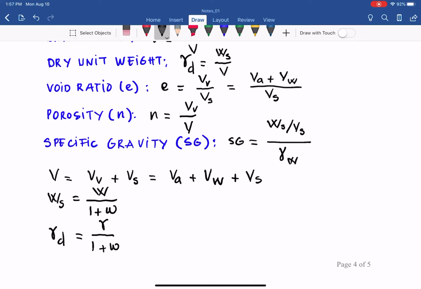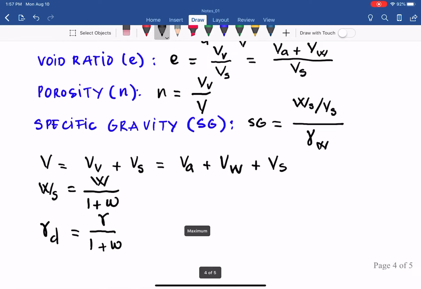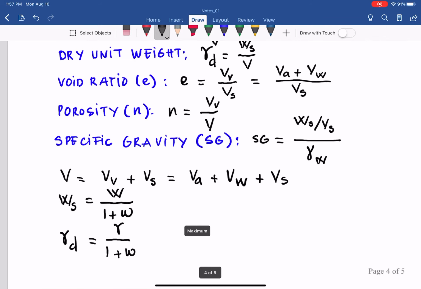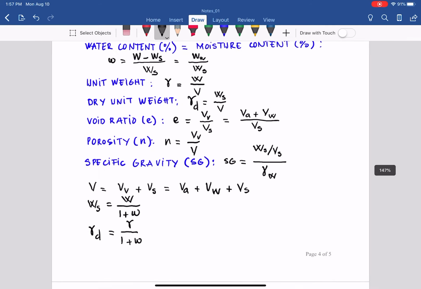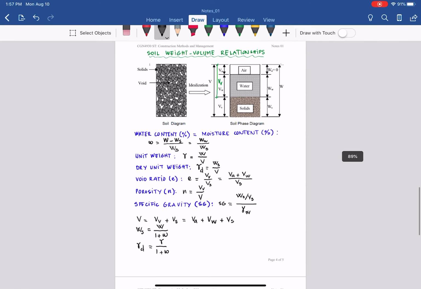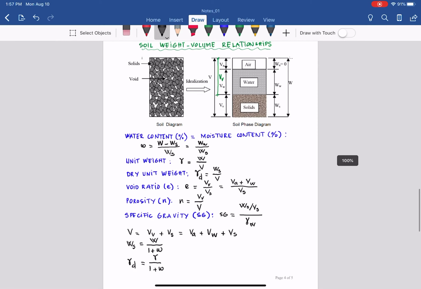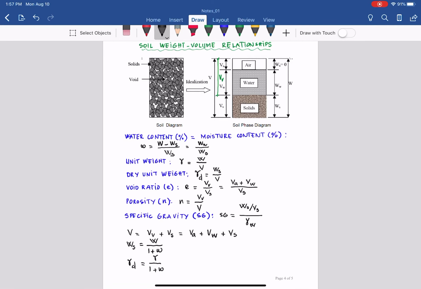If they give you the unit weight and give you the water content, we'll be able to find the dry unit weight and vice versa. So those are the important equations that you learned in Geotech 1 about the soil weight volume relationship. And in the next video, we will apply that in problem 4. And like I say, this is the most challenging for the first lesson.